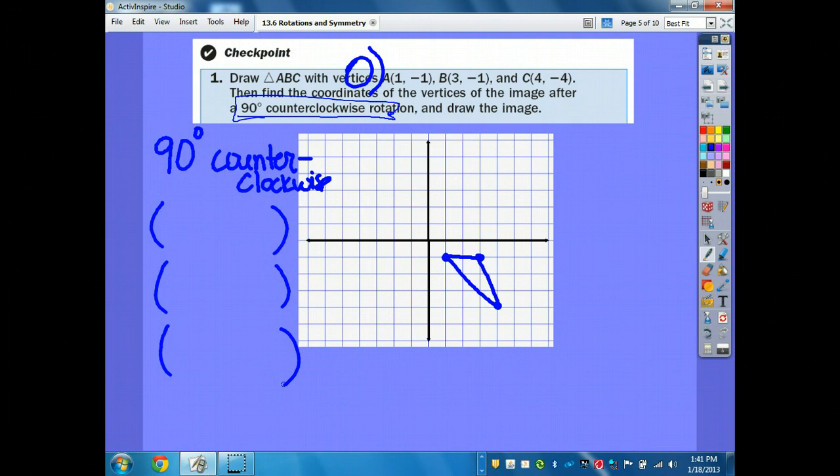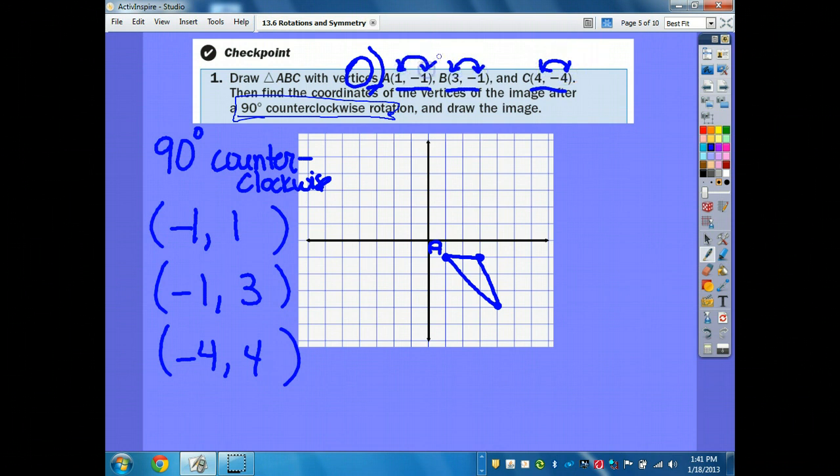Flip them, switch them around. So, A, what's my new A going to be? -1, 1. I'm going to flip it around, get -1, 1. What's my new B? -1 and 3. And C? -4 and 4. I just took these and flipped them around like that.